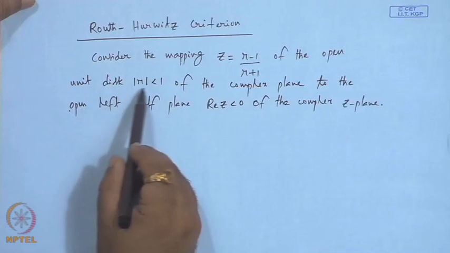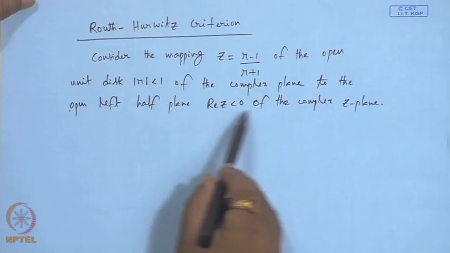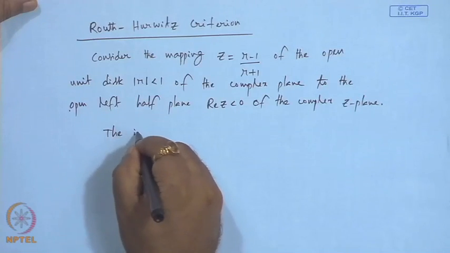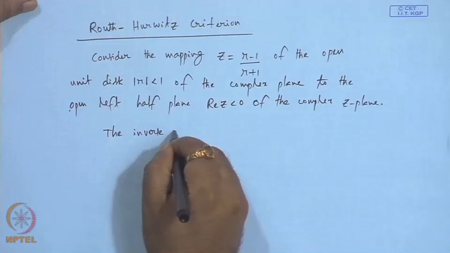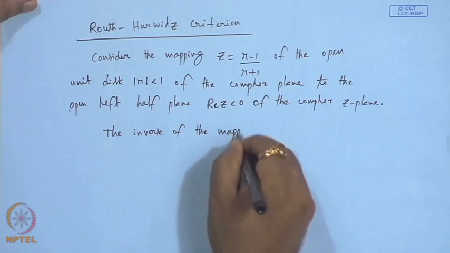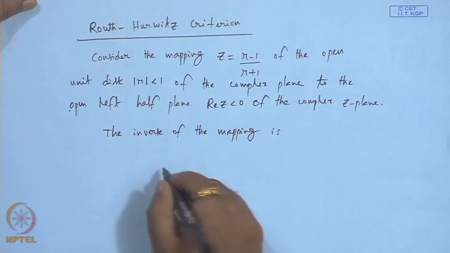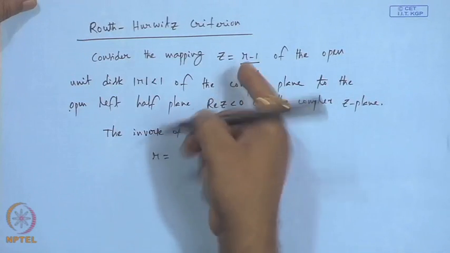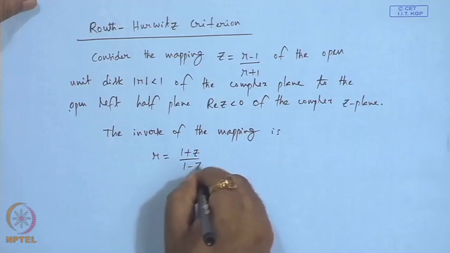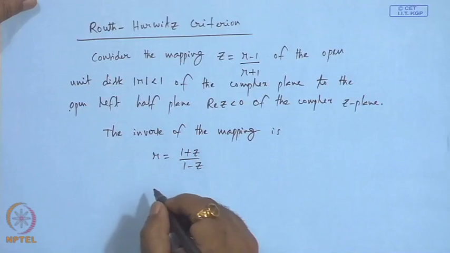This maps the unit disk, mod r less than 1, to the left half plane in the z plane. Then the inverse of the mapping is given by the inverse of this mapping. So, this is the inverse of the mapping.